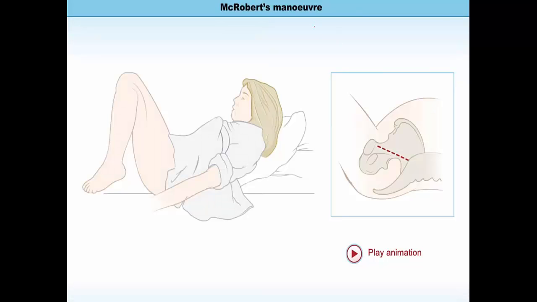Here, this is the McRoberts maneuver. In the McRoberts maneuver, the woman should be lying flat and placed in the McRoberts position.